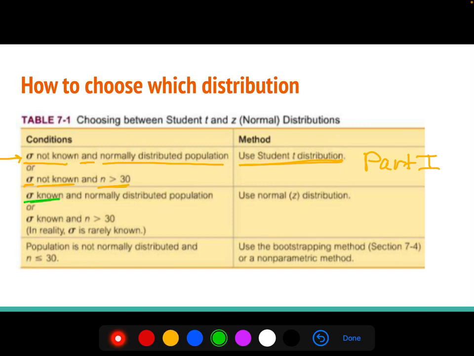Okay. If sigma is known and it's normally distributed, use the normal distribution. If sigma is known and n is greater than 30, again, use the normal distribution. That's part 2.